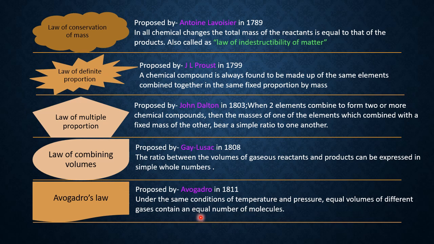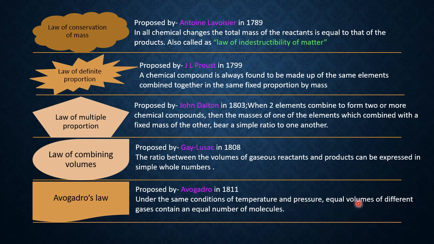Because he has used the word volume, we have to take gases. This law you can apply for gases, not for solids and liquids. What he says here, under the same conditions of temperature, the normal or room temperature and room pressure, normal conditions for temperature and pressure, equal volumes of different gases contain an equal number of molecules.